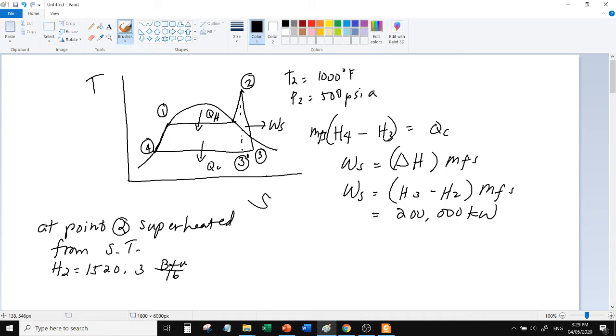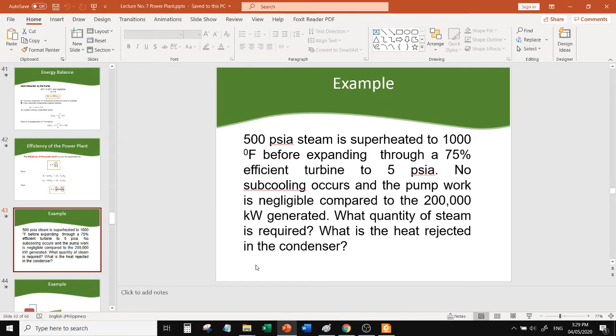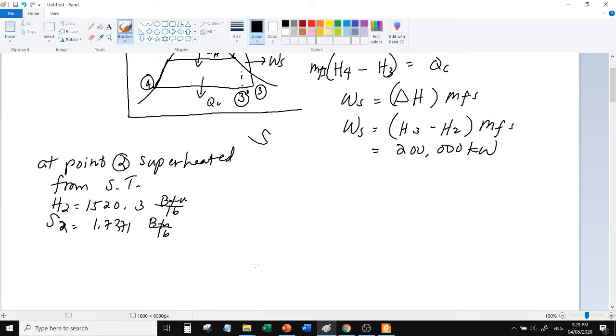So let's also read S2 at point 2. That is 1.7371 BTU per pound Rankine. If we assume isentropic expansion, our S3' is equal to S2.